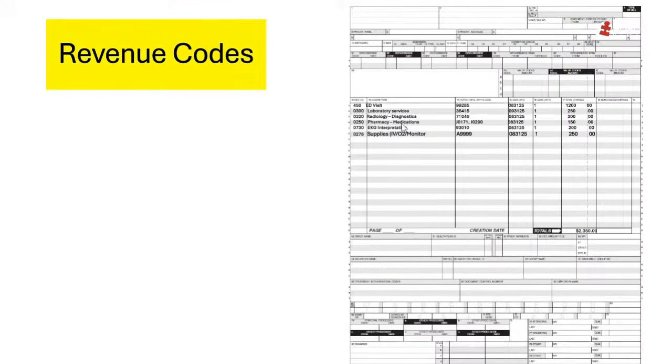Your pharmacy, the medications, right here. This is your IV, right? The EKG interpretation, your supplies, such as your IV, your oxygen, your monitor, is coded under here for $250.